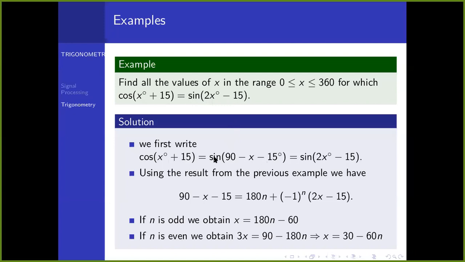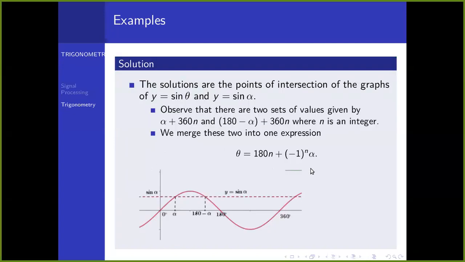That's what we've applied here. Cos of x plus 15 is the same as sine of 90 minus x minus 15. And then we equate it to sine of 2x minus 15. So we treat this 2x minus 15 as our alpha, see this alpha here, and we just plug it into this formula.